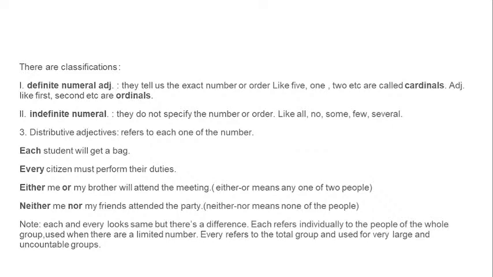If they give you first, second, third, fifth, 10th, anything related to order, that is ordinals. Either they will give us the exact number or they will give us the exact order of things. But the next one, which is indefinite numeral adjectives, they do not specify the number or order. It just gives an idea of the number.